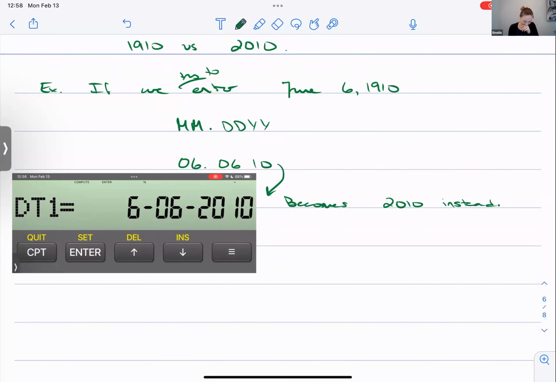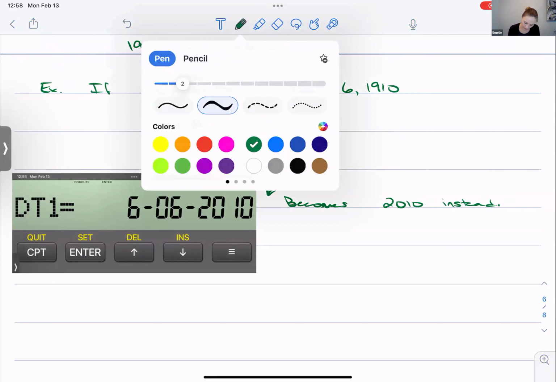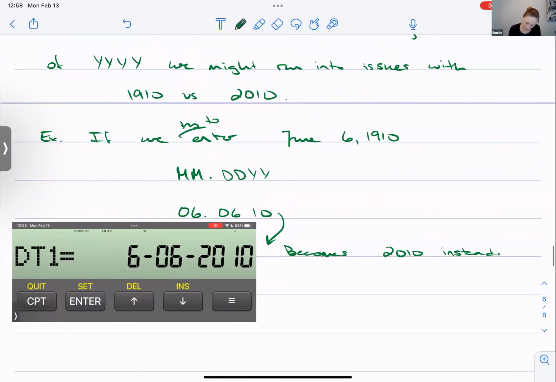Okay, so in order to store a value, we hit enter.